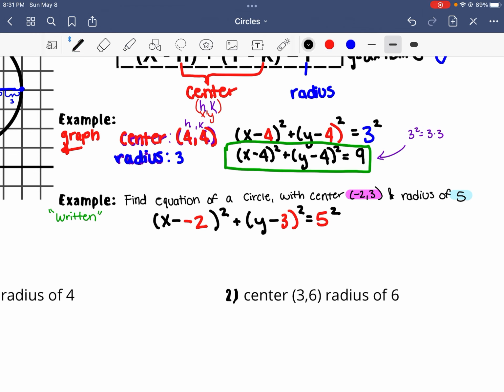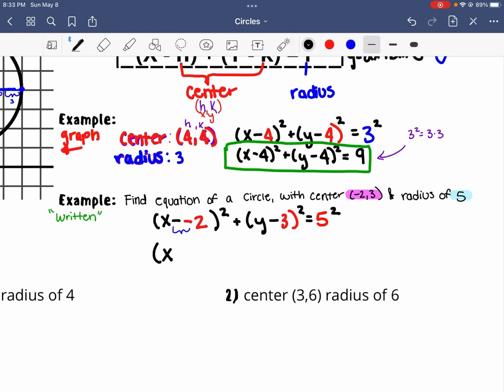Okay, so now we're going to clean it up. So right here we have a negative and a negative, so we have a double negative. So if we remember our multiplication rules, a negative and a negative make a positive.